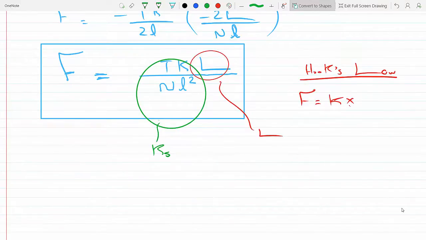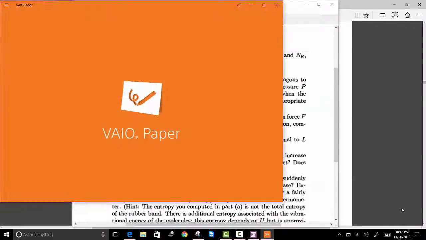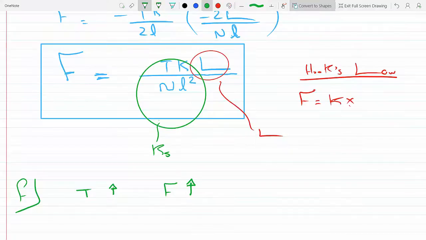Well, clearly from our equation, the force is directly proportional to the temperature. So if the temperature increases, the force would definitely increase. Now does this make sense? Yeah, of course.